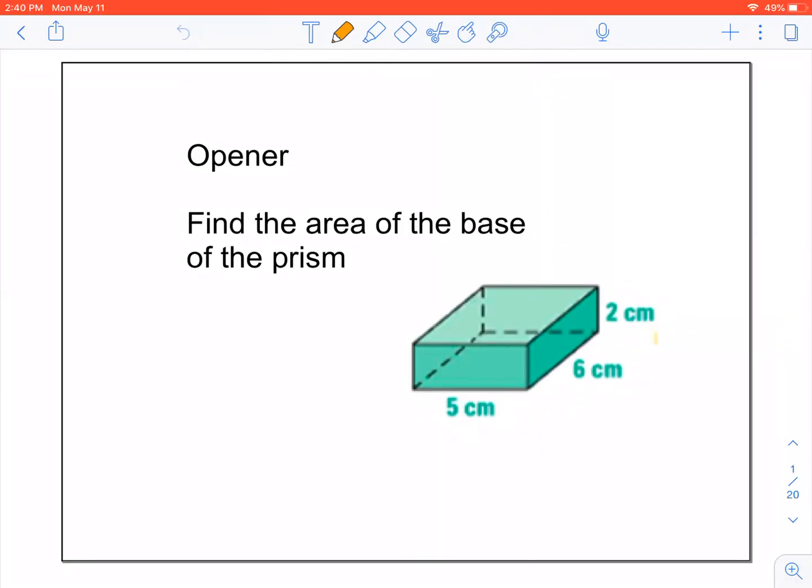Over the next 2 days, we're going to take a look at the idea of finding surface area of two types of polyhedrons and also their similar type shape in a non-polyhedron sense. Today we'll look at prisms, and the non-polyhedron version that looks like a prism is the cylinder.